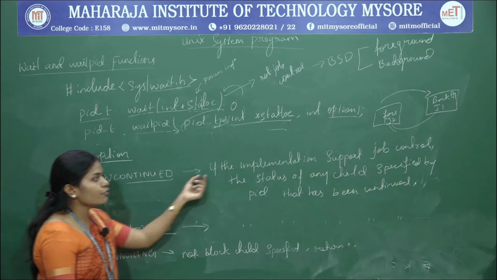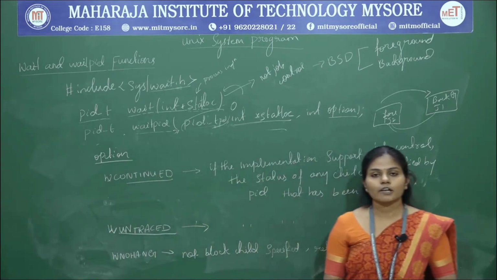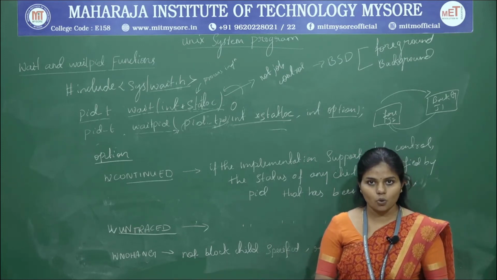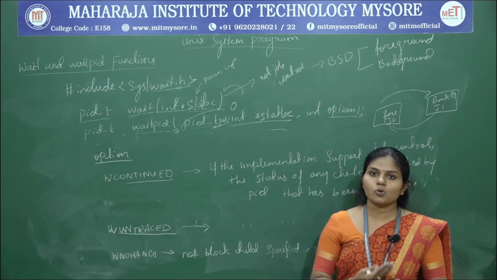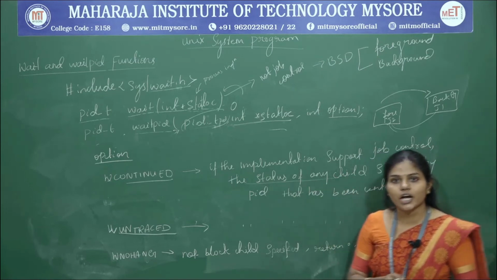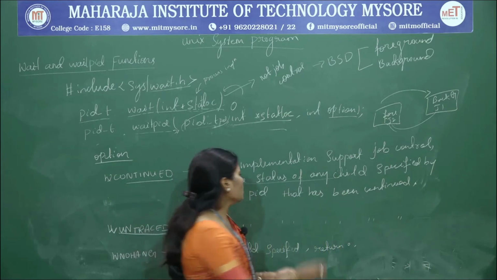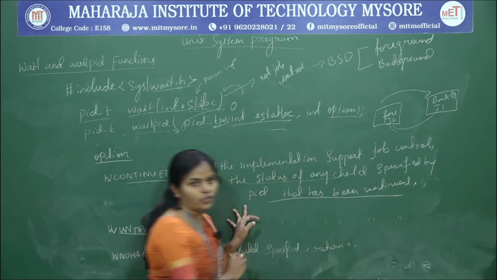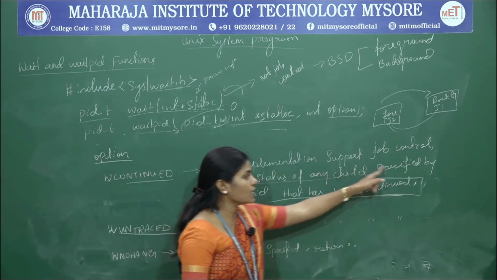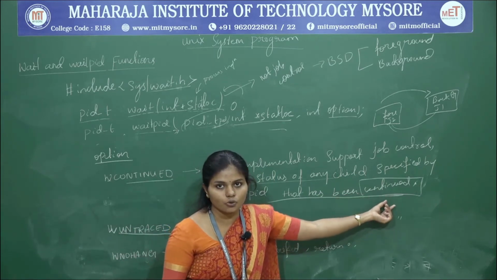That means that if the implementation supports job control, that is, if the program you have written and the operating system support job control, then the status of any child that is not blocked is going to be continued. That is nothing but continued. So any child specified by the PID is going to be continued.